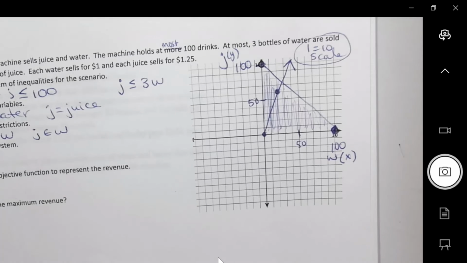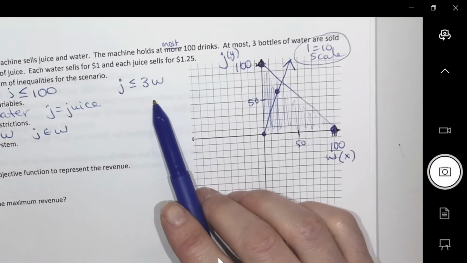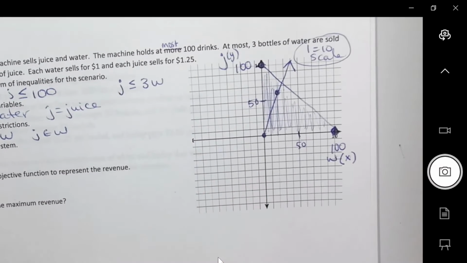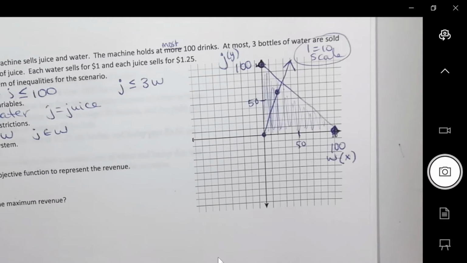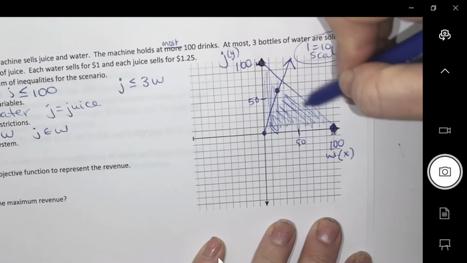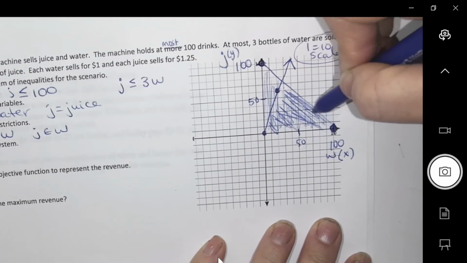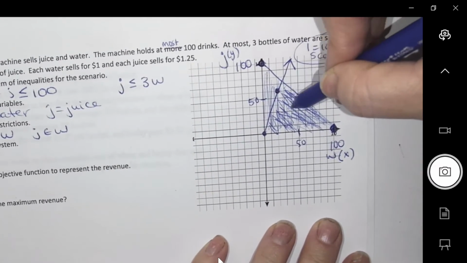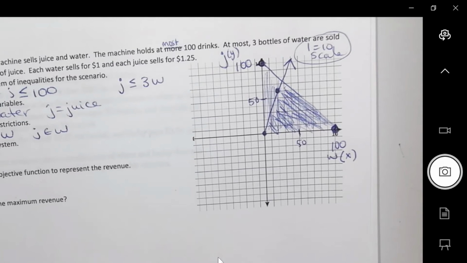So I found some points using my calculator. 20, 60. I could kind of understand that algebraically. If I put a 20 in, that's a 60. And we want to be less than that one. So any point in that zone will work.